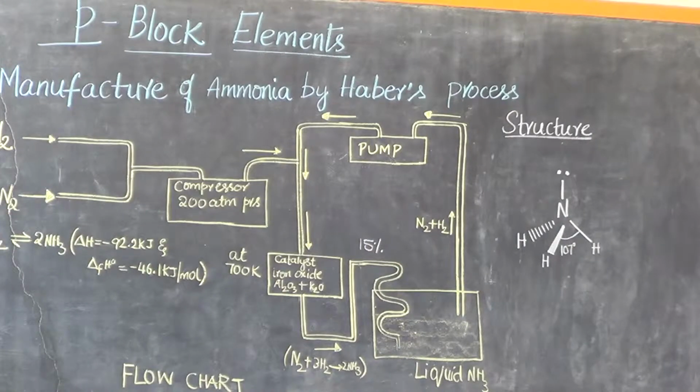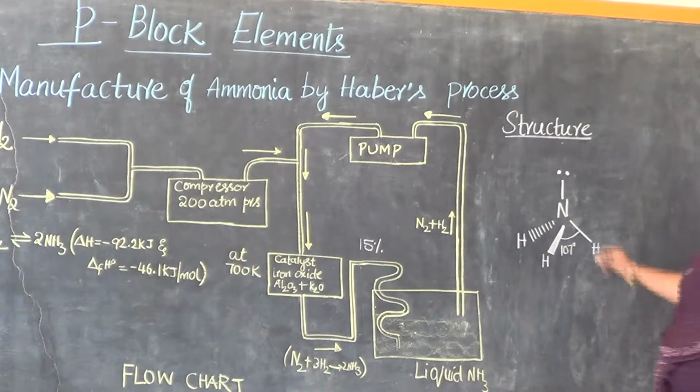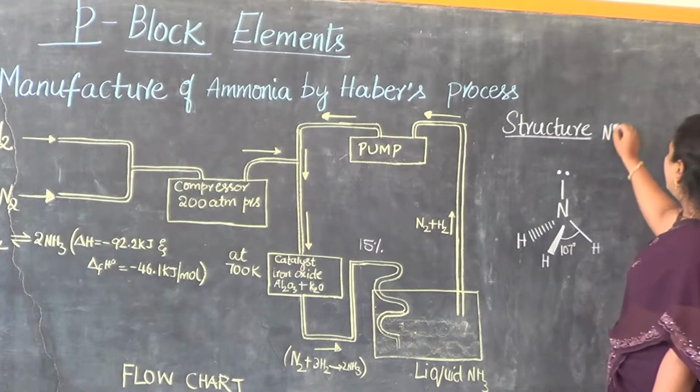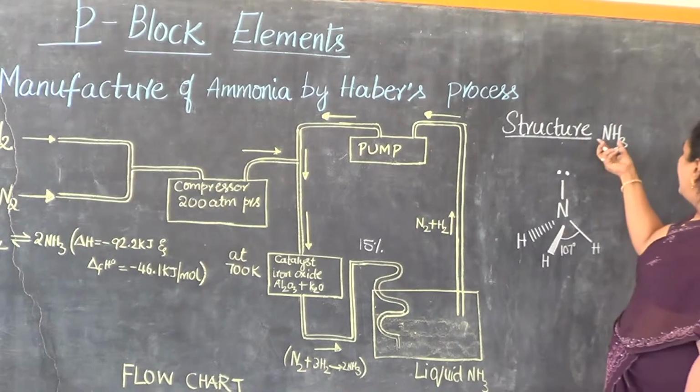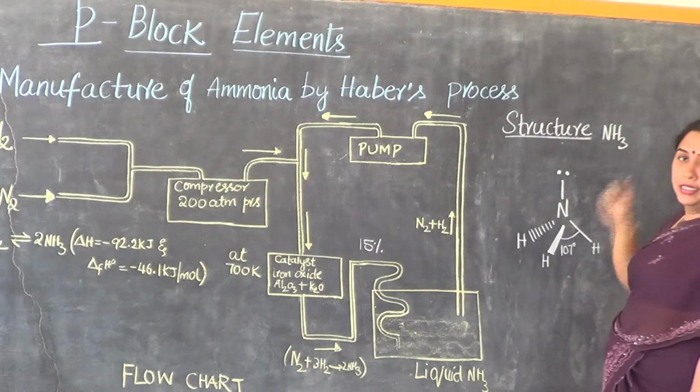Let us understand the structure of ammonia. As you know, the molecular formula of ammonia is NH3. How is this NH3 structurally present?